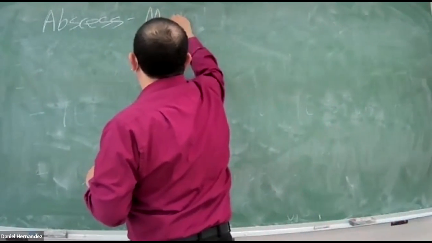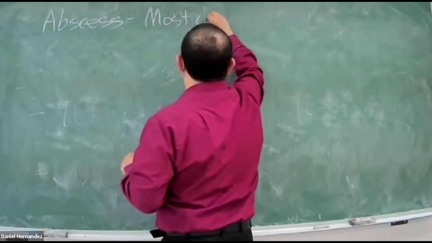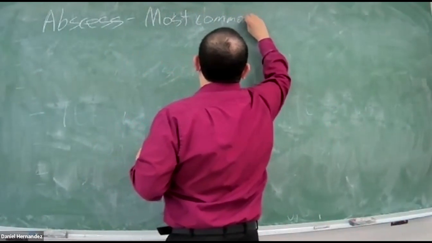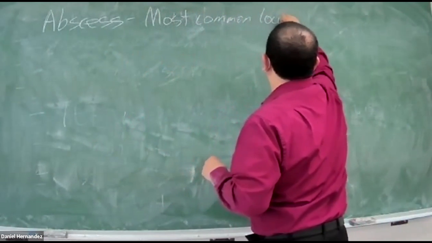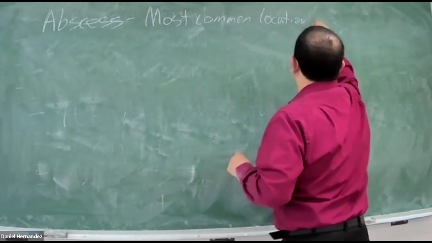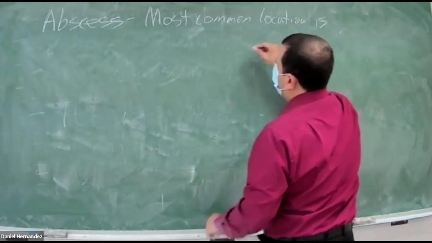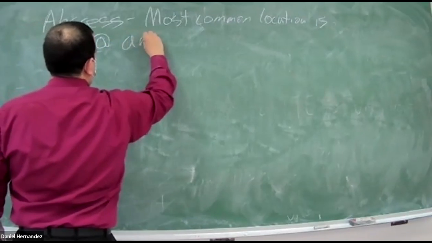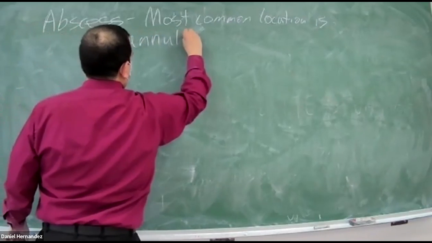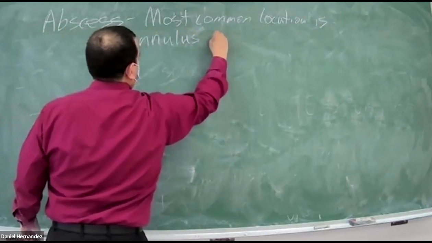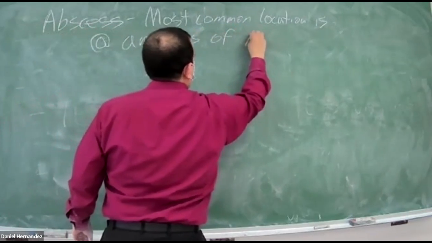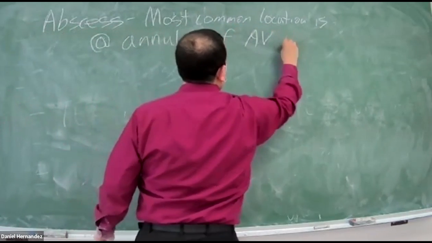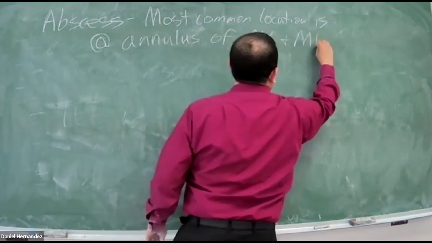So for abscess, most common location is at the annulus of the aortic valve and mitral valve.